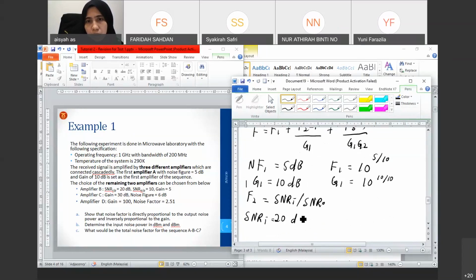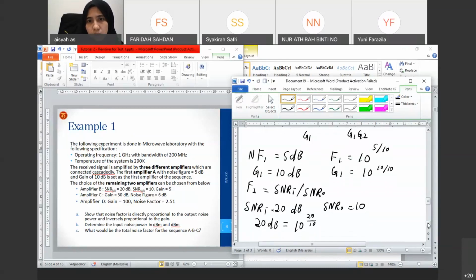20 dB and SNRO is 10. And then here 20 dB, you need to change it. It becomes 20 over 10.